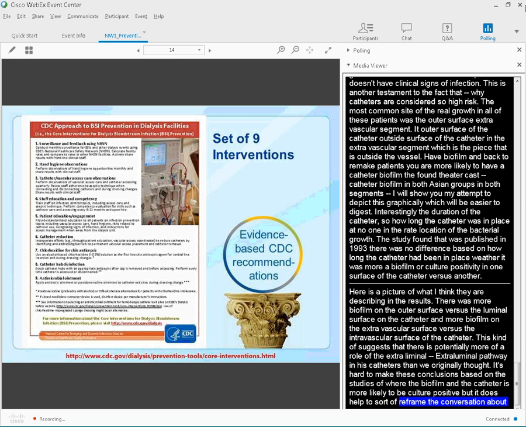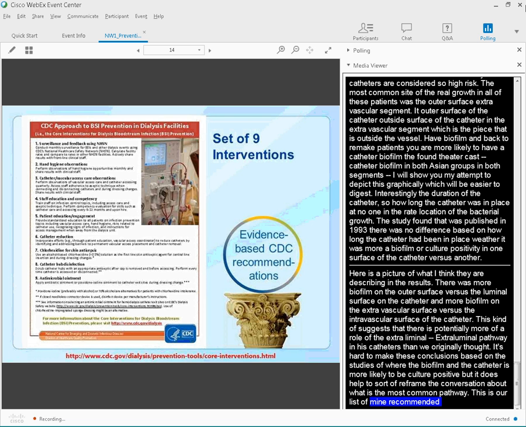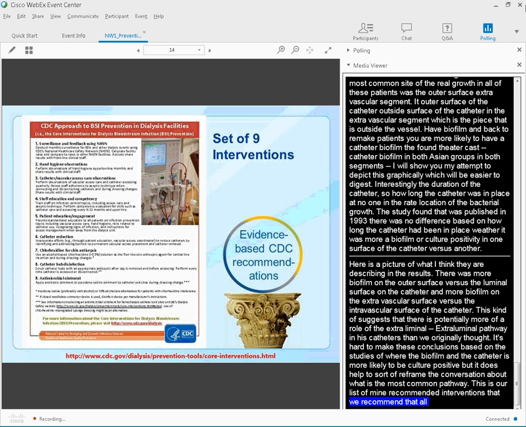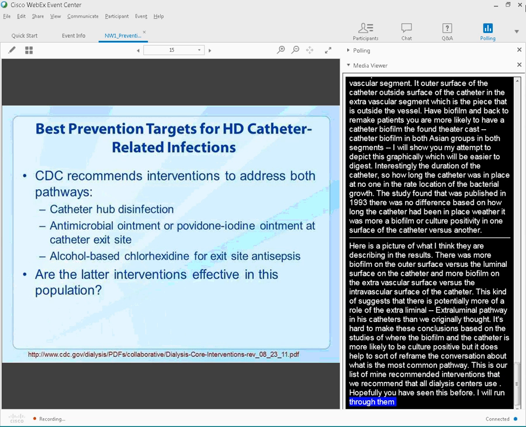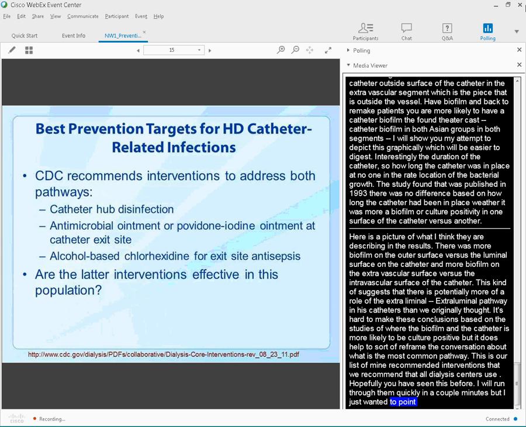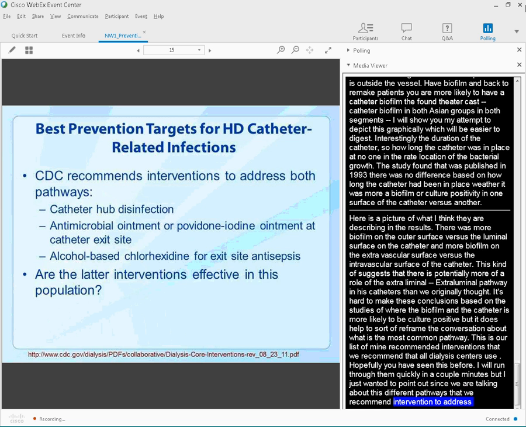This is our list of 9 recommended interventions for dialysis bloodstream infection prevention that we recommend all dialysis centers use to prevent BSIs. Hopefully you have seen this before. I'm going to run through them quickly in a couple of minutes, but since we're talking about these different pathways, I wanted to point out that we recommend interventions to address those pathways. We recommend catheter hub disinfection, or what we call scrub the hub, which attempts to address the intraluminal pathway.